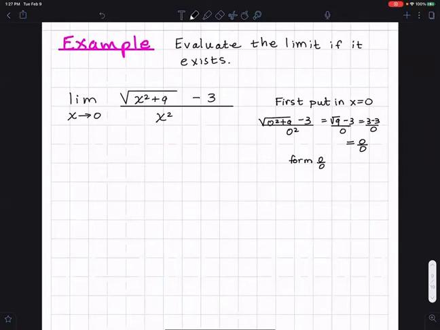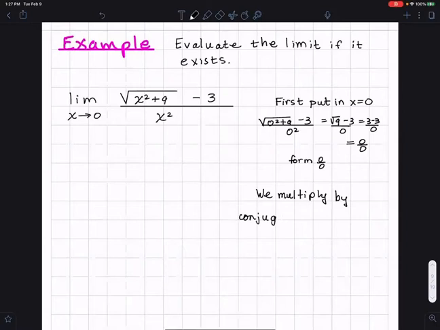A method that I'm going to use, maybe someone has a different method, but the method I'm going to use when I see a radical is multiplying by the conjugate in the numerator and the denominator. So we multiply by the conjugate, and I'm going to indicate what I mean by the conjugate.